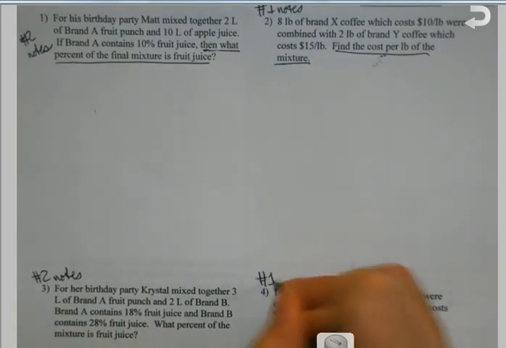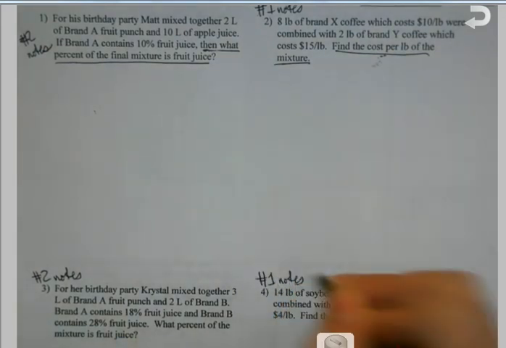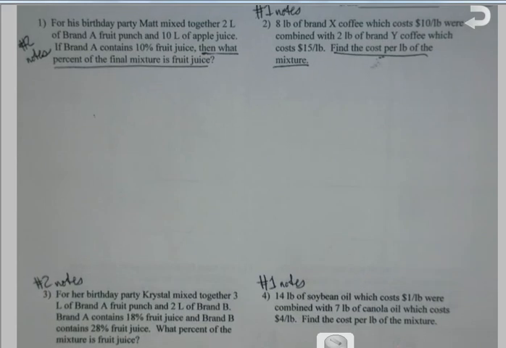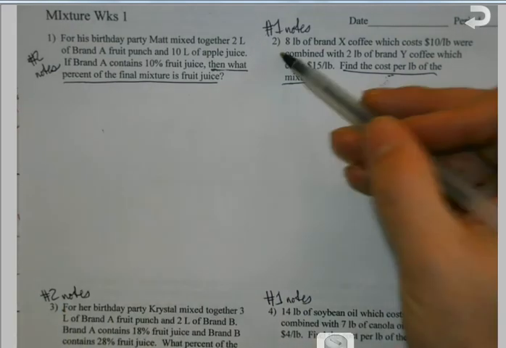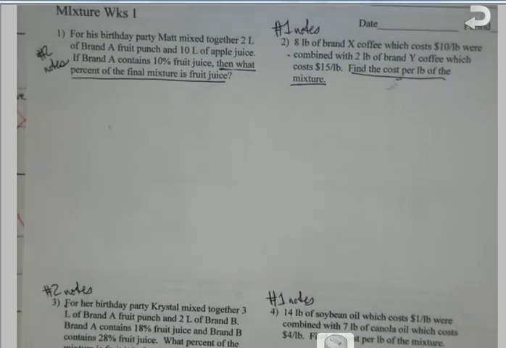So on the front of the worksheet, it sets up just like the first two questions on the notes did. Number 1 and 3 are like number 2 on the notes. Numbers 2 and 4 are like number 1. You'll never guess which two examples are going to work with the ones on the back.